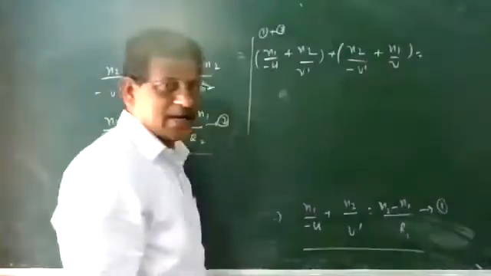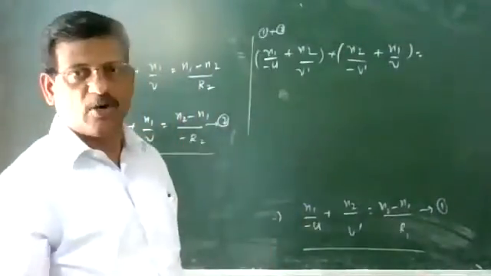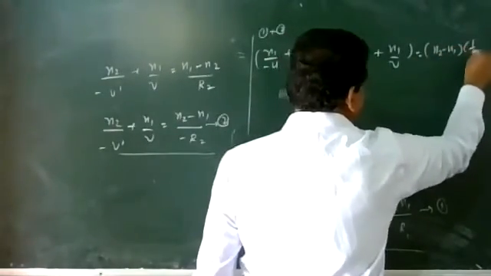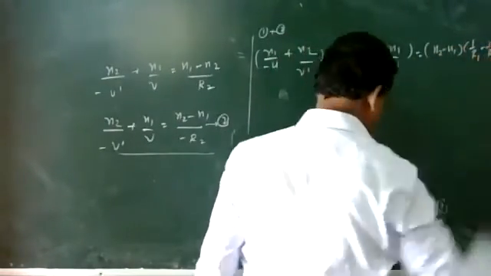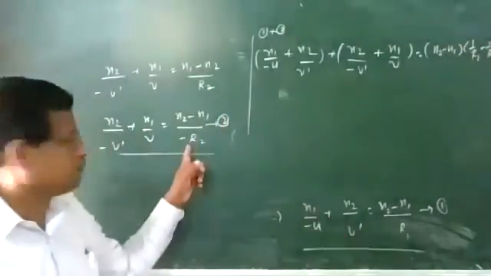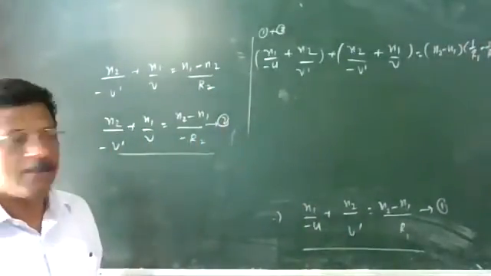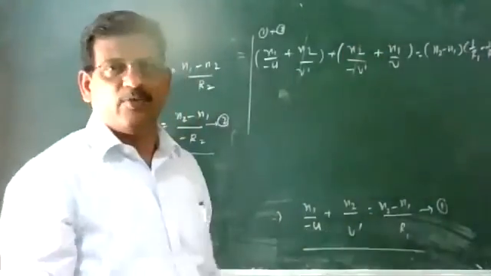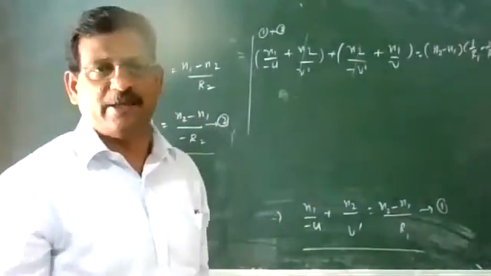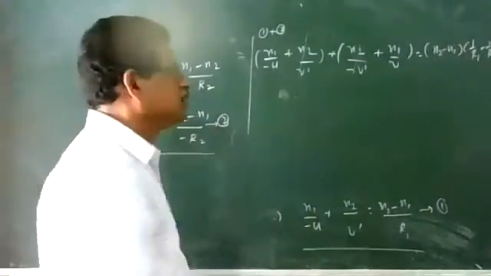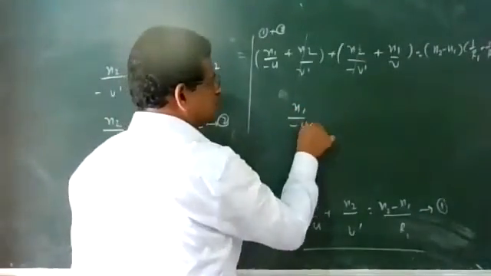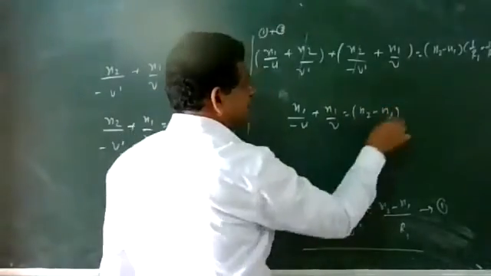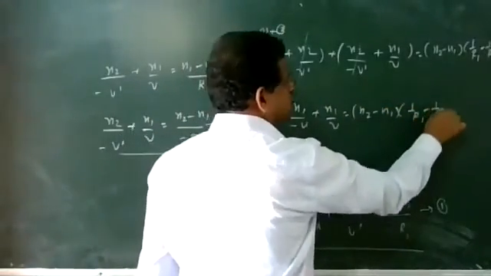On the right side, n2 minus n1 is common, taken as common: n2 minus n1 into 1 by R1 minus 1 by R2. n2 by v dash minus n2 by v dash cancel. So v dash has no significance finally, that virtual object. So this is n1 upon minus u plus n1 by v is equal to n2 minus n1 into 1 by R1 minus 1 by R2.